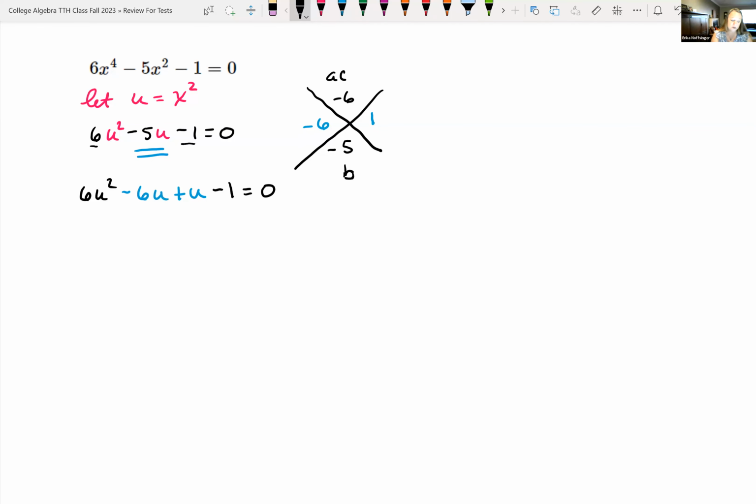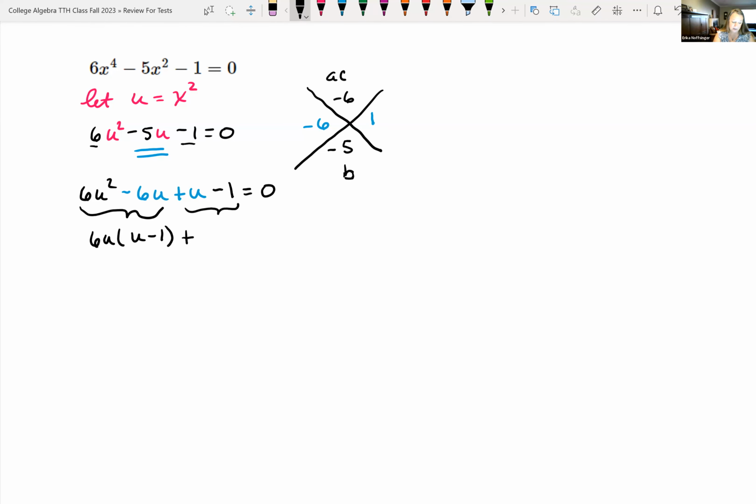So once you rewrote that middle term using the two numbers you found, then factor by grouping. So grouping the first two terms, we're going to pull out what they have in common, which is a 6u. Pulling out a 6u, I'm left with u minus 1. Plus, notice what's over on the right-hand side is u minus 1.